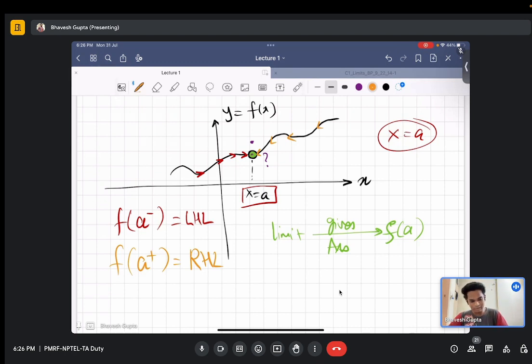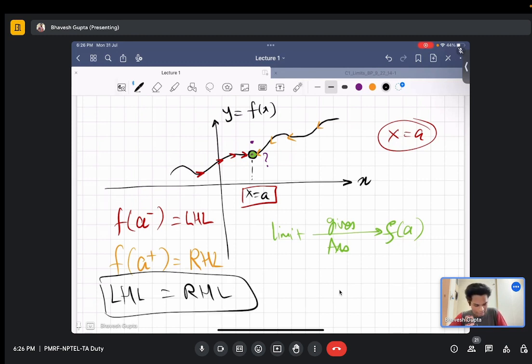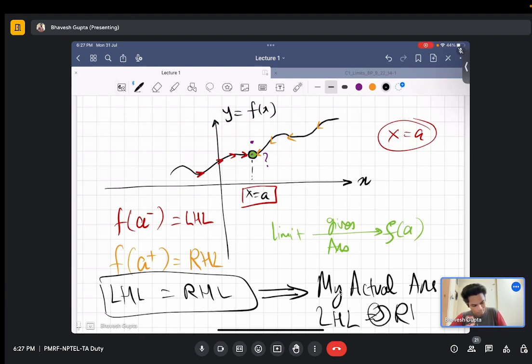So if I find that these two limits are the same, that the left hand limit is equal to the right hand limit, then I conclude that my actual answer is both the left hand limit and the right hand limit. Anyway, because they are the same, we can choose any one.